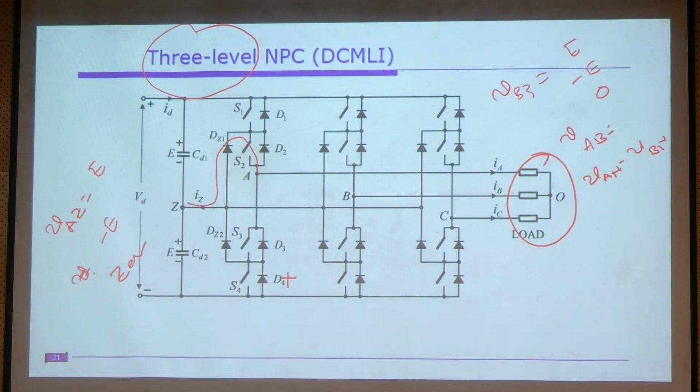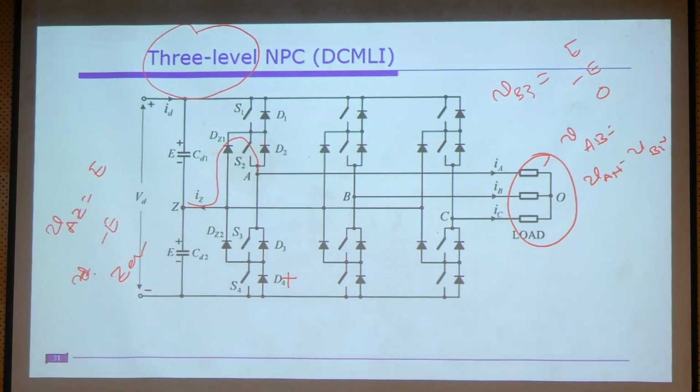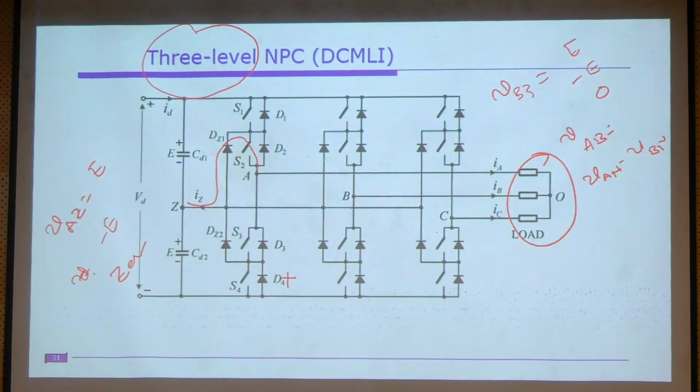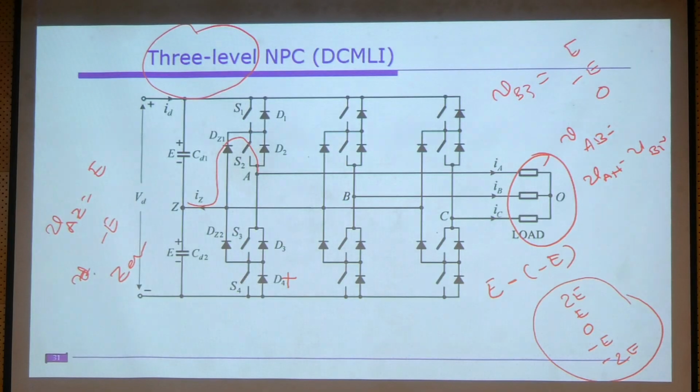So if you subtract these two waveforms, you can get the 2E voltage: when VA is E and at the same time VB is minus E, you get 2E. Therefore in the line voltages you can get 2E, E, 0, minus E and minus 2E. That means you can get 5 voltage levels in the line.